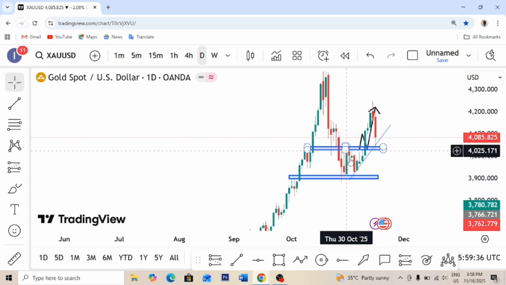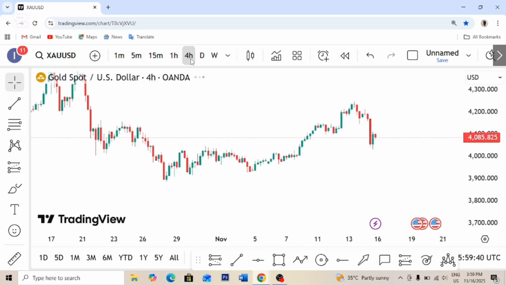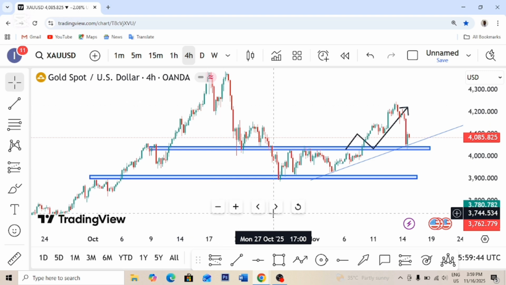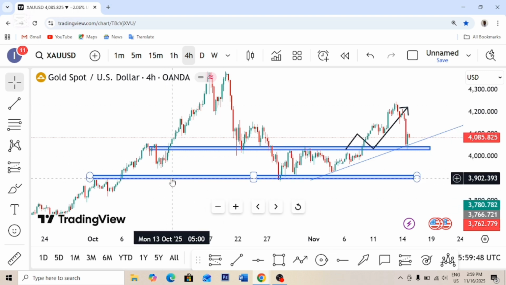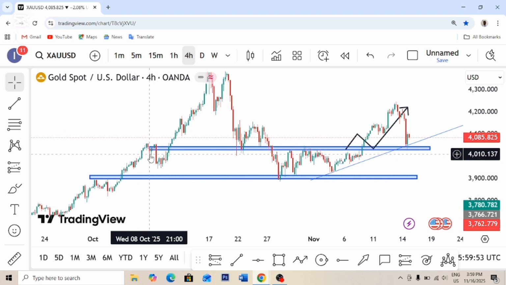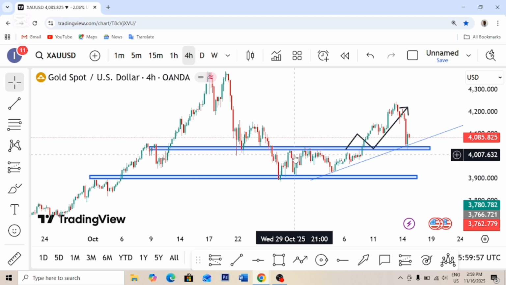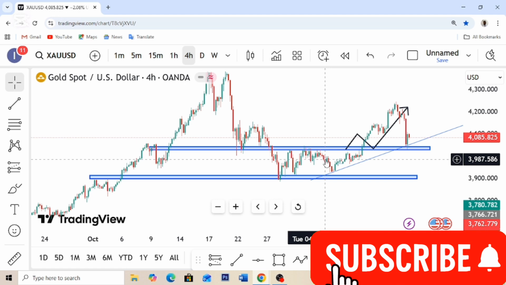Last week, gold was actually in a bearish market, and I made this analysis with you guys. I marked out my support and resistance levels here, and you can see that this was a valid level of resistance, support, resistance, support, resistance.